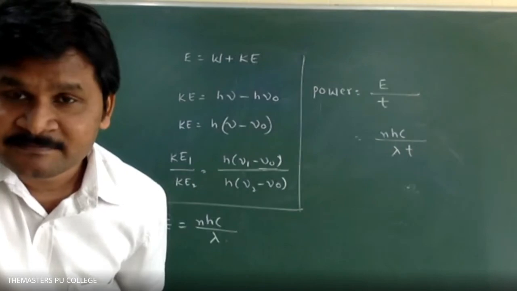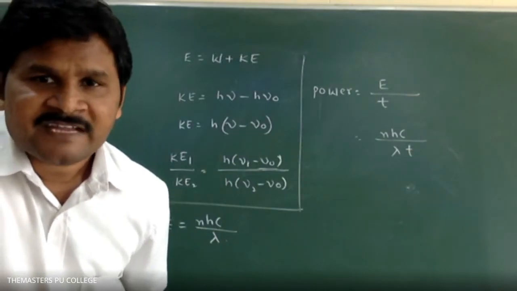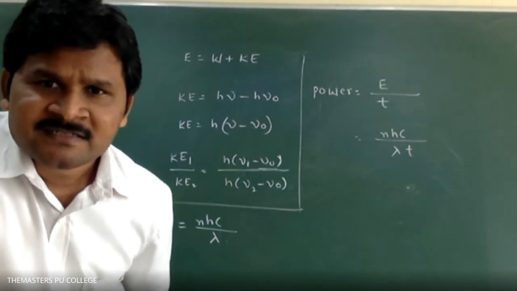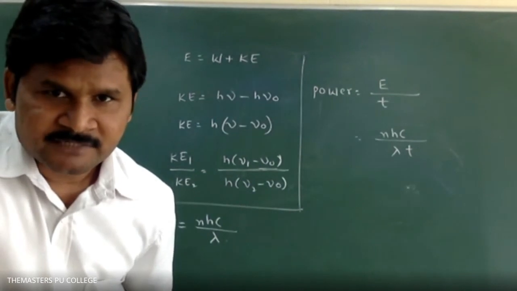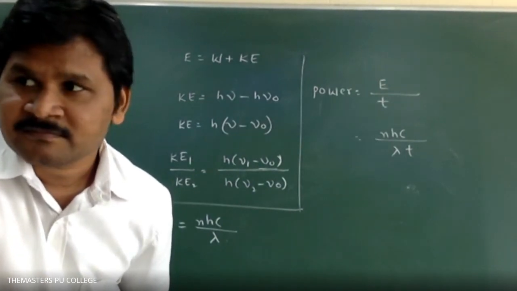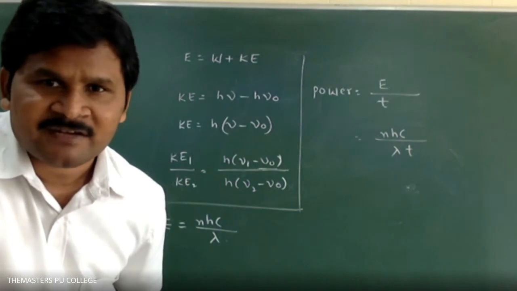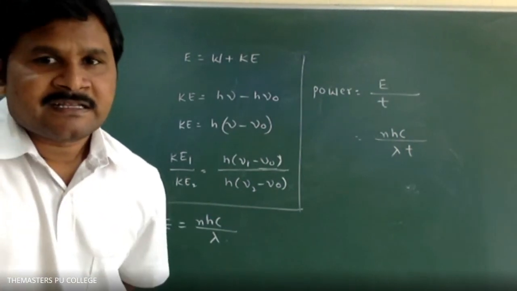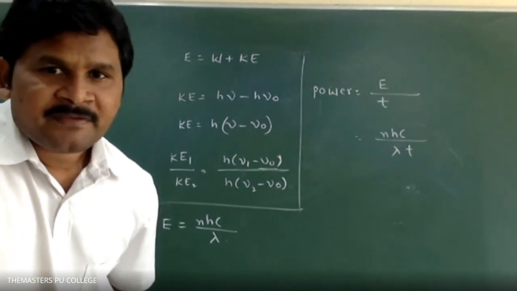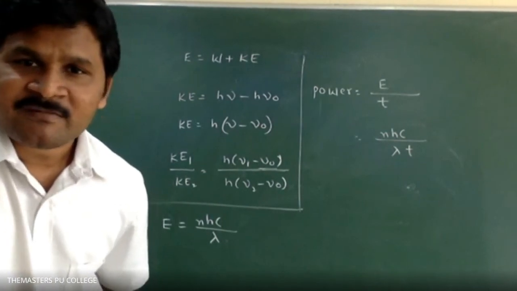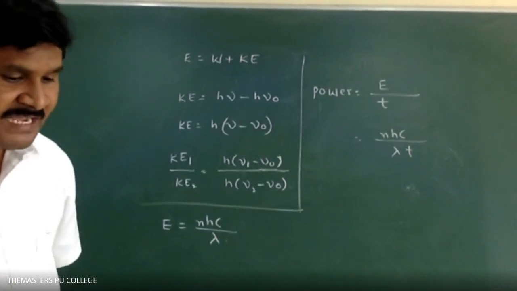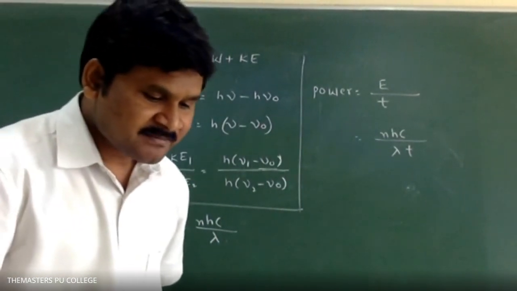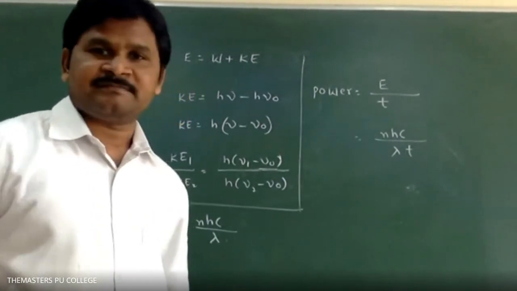If intensity x is doubled, the number of photoelectrons emitted is doubled. So y is doubled. What about kinetic energy? No change in kinetic energy. So y will be doubled, but z will remain the same.